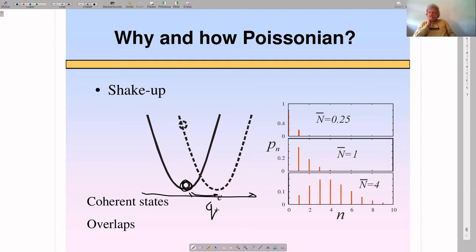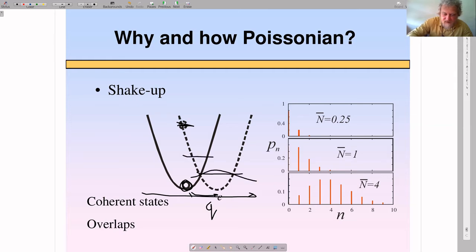Right? So it will charge the capacitor, and that means that the oscillator is excited because, well, its position doesn't change, but the equilibrium position has changed, so it is excited. Right. So what does it mean?